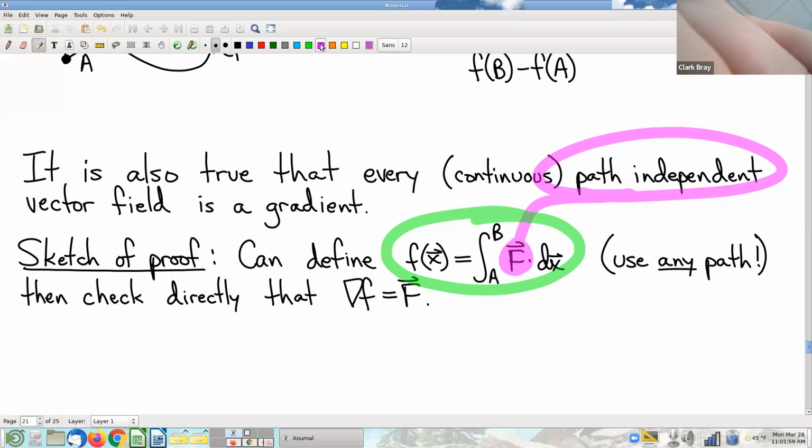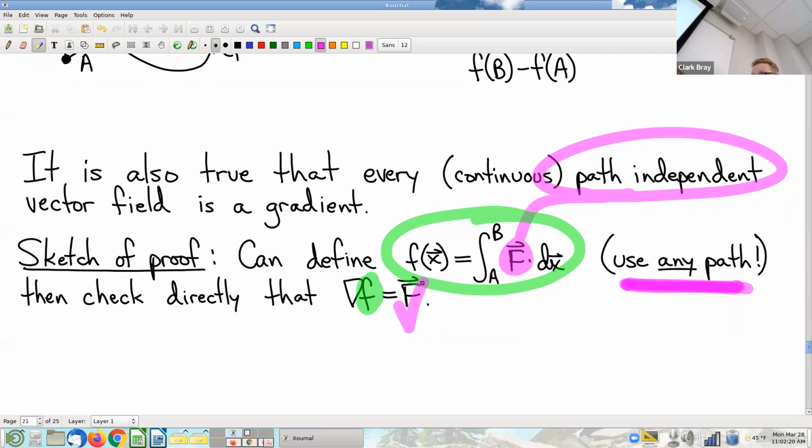It's a path independent vector field, so I don't have to tell you what path to use to get from A to B. It doesn't matter. It is literally path independent. So I can define this function, and if you take this function and compute its gradient, you will get that path independent vector field F, as it turns out.